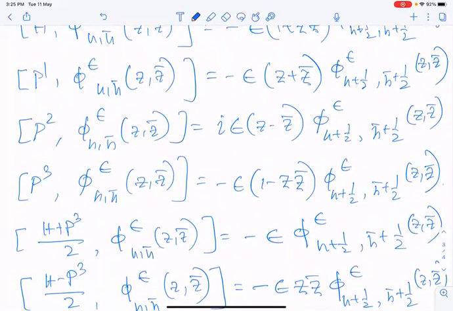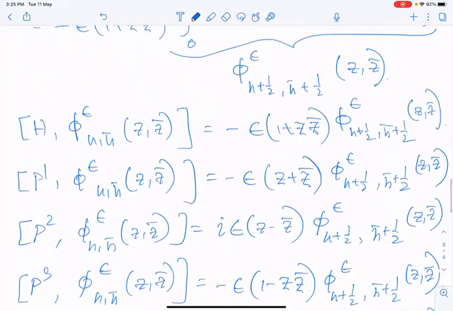No, this I has to be there. You can see because it is Z minus Z bar, which is imaginary, so it gets multiplied by I, and that gives you the real thing. Okay, thanks.